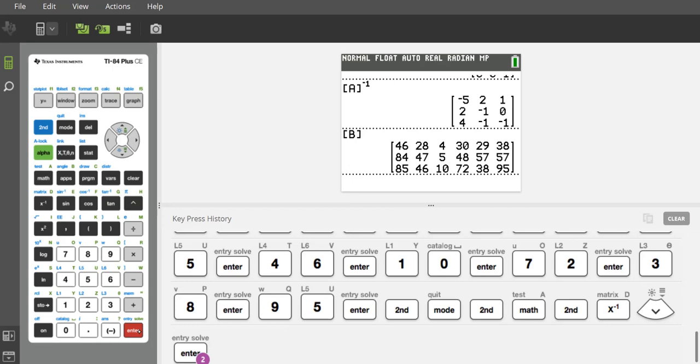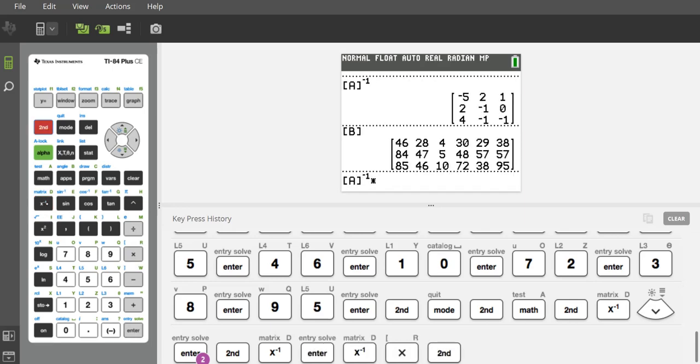Okay, that looks right. Perfect. All right, we want to do matrix A inverse times matrix B.